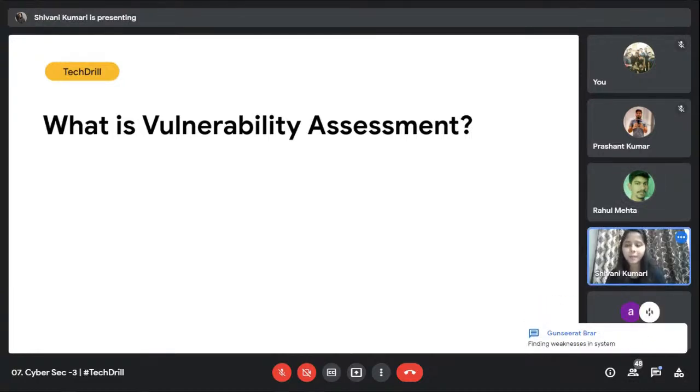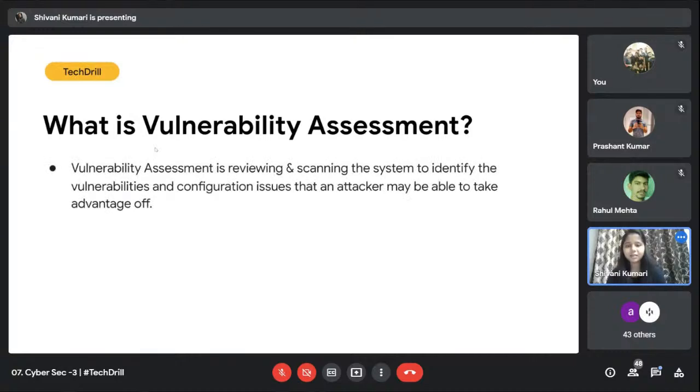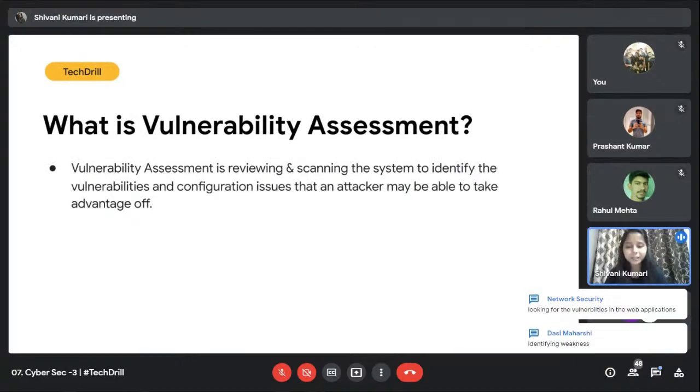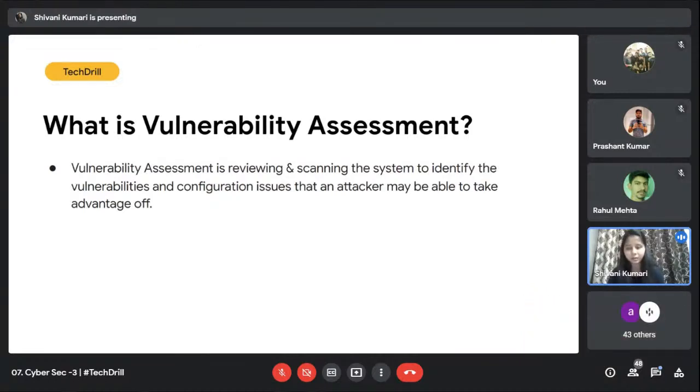Okay. So vulnerability assessment is reviewing and scanning the system to identify the vulnerabilities and configuration issues that an attacker may be able to take advantage of. So it's all about scanning the system and finding the vulnerability.